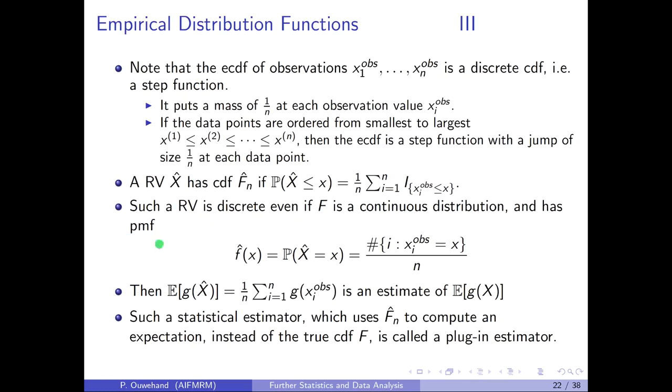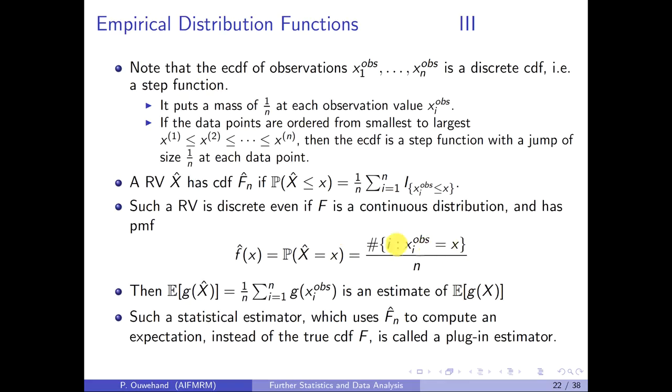Its probability mass function will therefore be given as follows: little f hat of x is the probability that X hat is equal to x, and that is the number of observations xi which are equal to x, divided by n. Typically, if F is a continuous distribution function, then there is at most one observation xi which is equal to x.